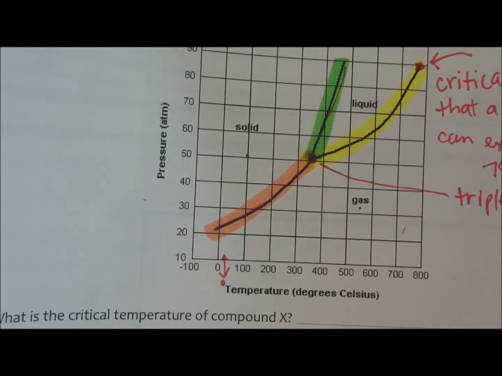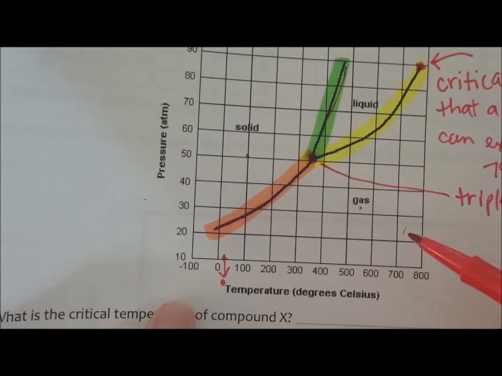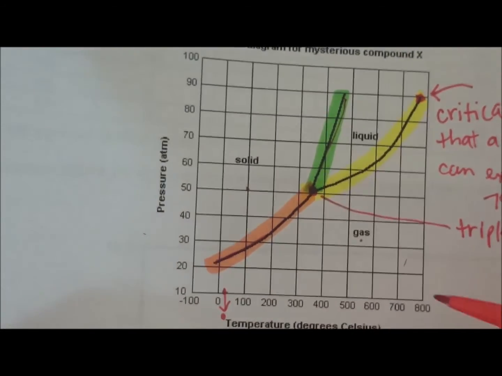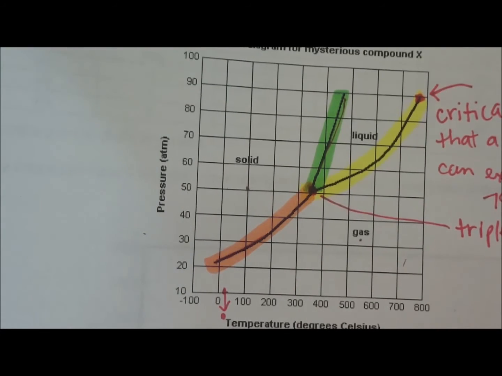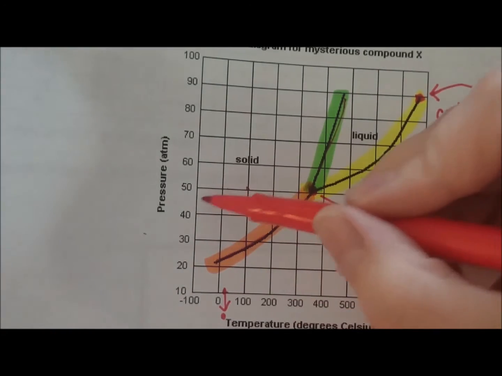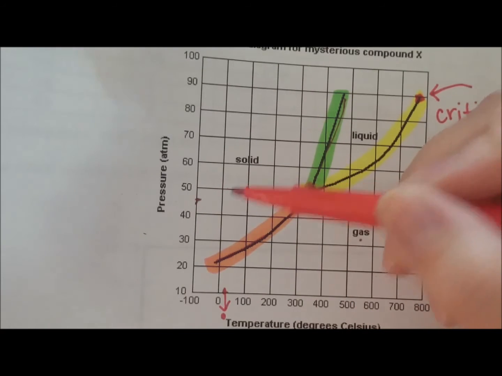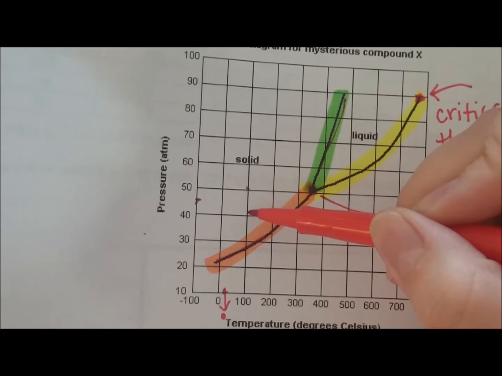Okay? If I have a bottle of compound X at the pressure of 45 atm and temperature of 100 degrees Celsius, what will happen if I raise the temperature to 400 degrees Celsius? So these are the exact kind of questions that you would have on the ACT. You are going to find 45 atm. You're going to go over to 100.